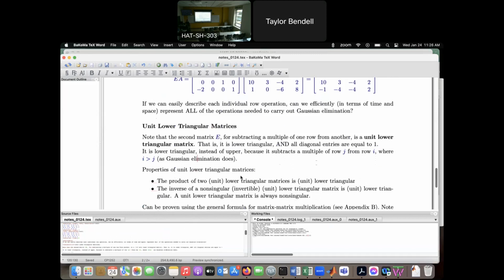Inversion preserves triangularity. If I have a unit lower triangular matrix and I take its inverse, then the inverse is also unit lower triangular. Unit lower triangular matrices are always invertible, so there is always an inverse.